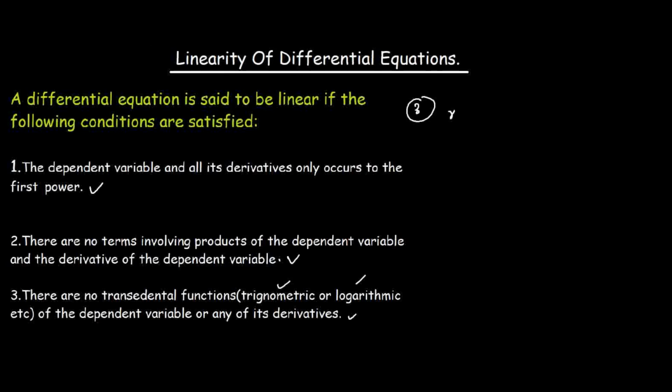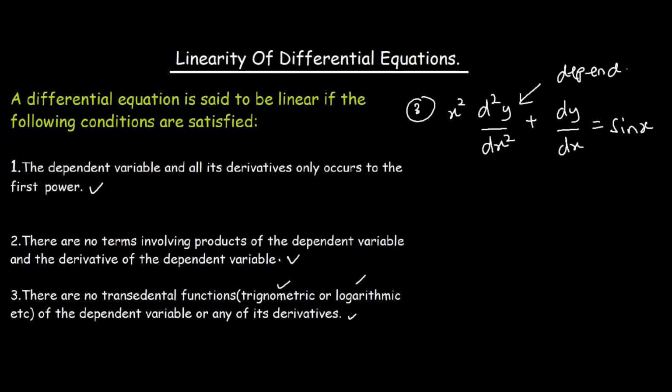I have x squared multiplying the second derivative of y with respect to x plus dy over dx equals sine of x. So from here we know that y here is the dependent variable. Okay, so now let's test the conditions on this differential equation that we have here.